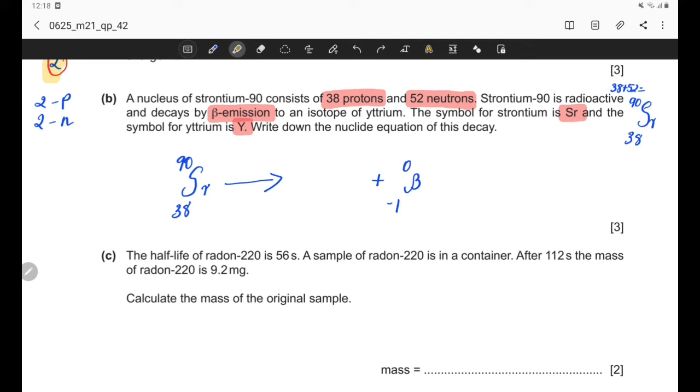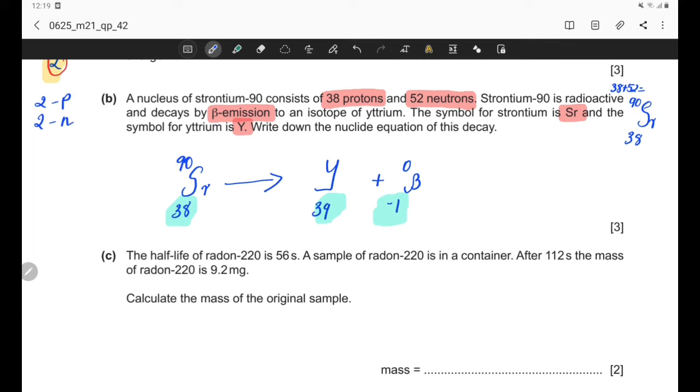And the other product is yttrium, which is represented by Y. In order to check the proton number, the total proton number at the LHS and RHS should be equal. At LHS it's 38, so at RHS also it must be 38. In order to get a total of 38, it should be 39. So 39 plus -1, we get 38.